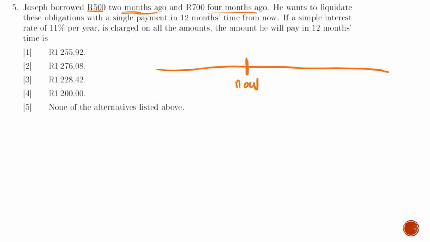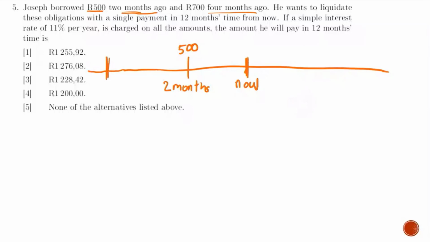You are here in the now, and then 2 months ago from now, that is previous, this guy borrowed 500. Once you've got this in your timeline, you can never go wrong.